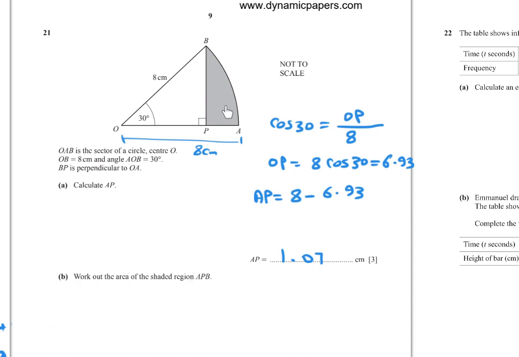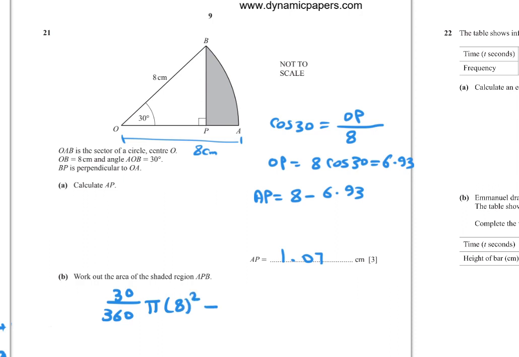To find the area of the shaded region, area of sector minus area of triangle. Area of sector, 30 over 360 times 8 squared.